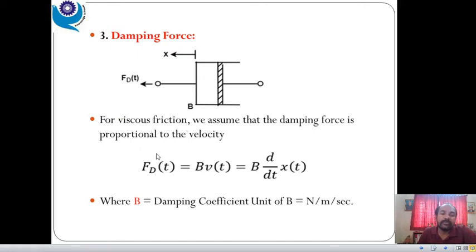Okay, so B is now a constant. Here in the mechanical system they have mentioned the dashpot, right? The friction is represented by a dashpot with a constant B. So the friction is between two moving surfaces, that is fixed, or you can say supported, fine.